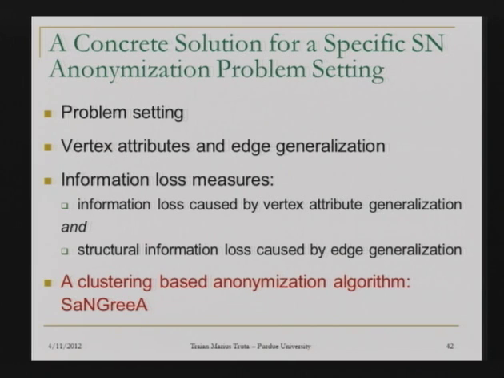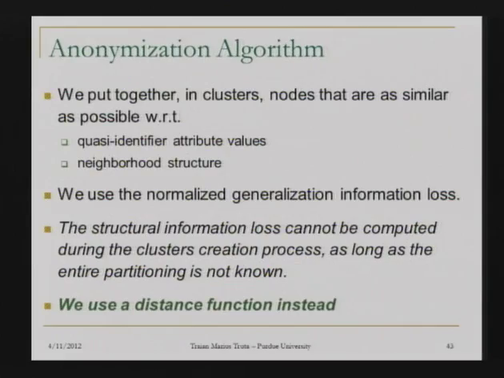Even the K-anonymity problem with a social network is an NP-complete problem, so this is one reason why we didn't even try to search for an optimal solution. Now, the anonymization algorithm puts together, of course, in clusters, nodes that are as similar as possible with respect to both quasi-identifier attribute values and neighborhood structure.